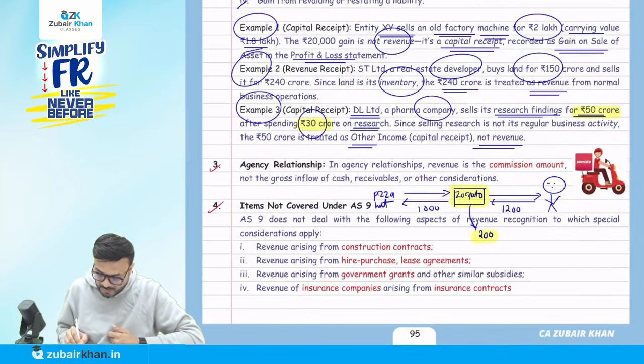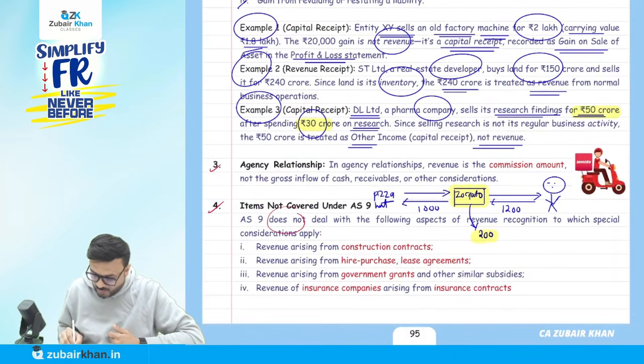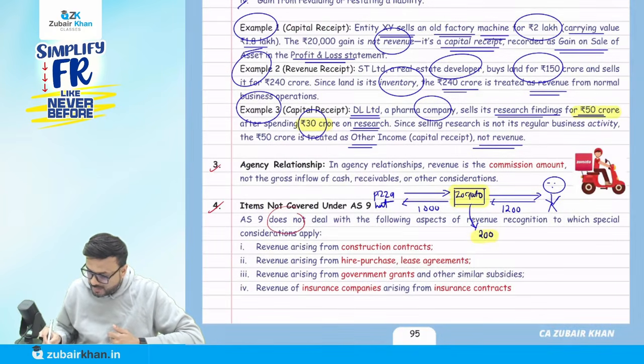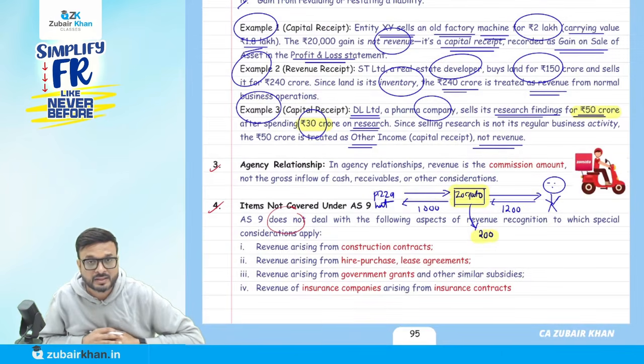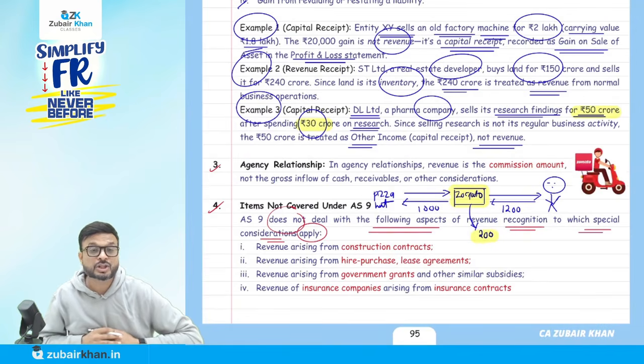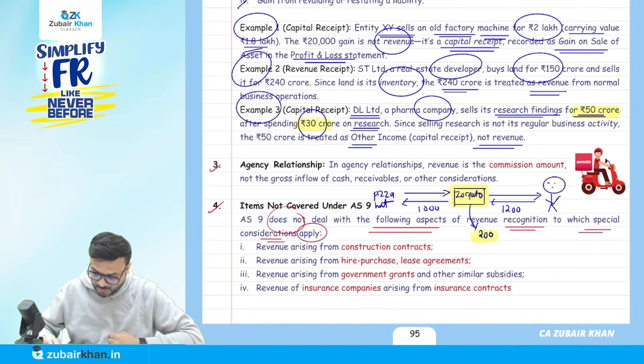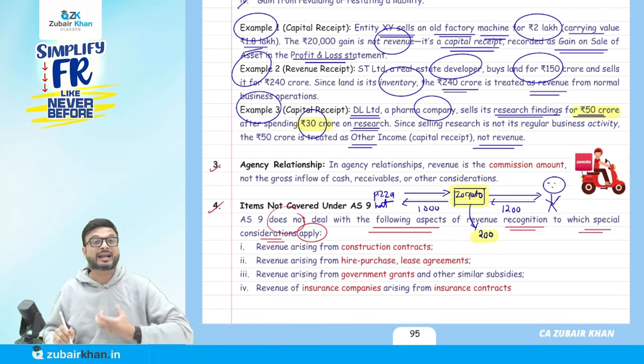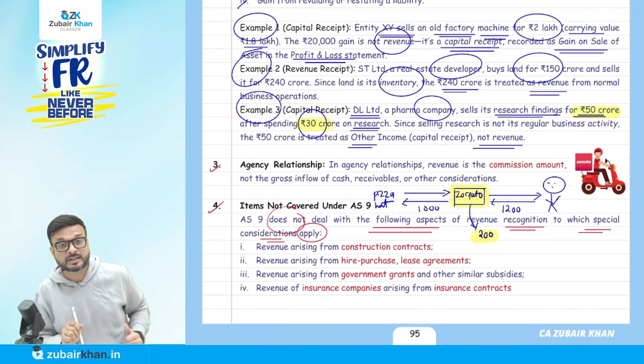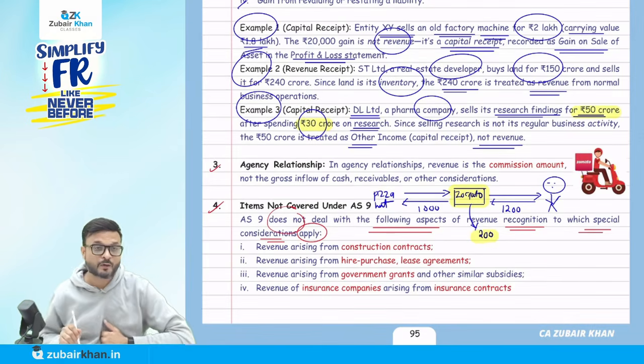AS 9 does not deal with the following aspects of revenue recognition to which special considerations apply. So where does Accounting Standard 9 not apply? Revenue from construction contracts. Why does AS 9 not apply here? Because in the previous accounting standard, we discussed how to do the accounting of construction contracts.